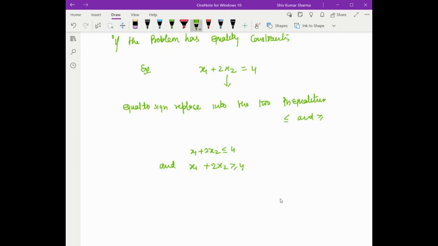So any equality constraint is converted into two inequalities, one less than equal to and the second greater than equal to. When we want to make this problem a less than equal to problem, we just multiply by -1.